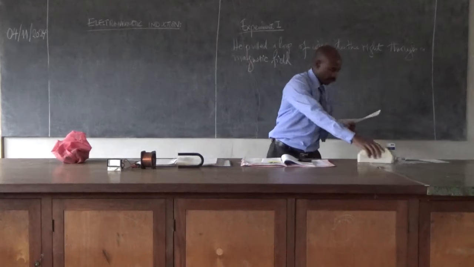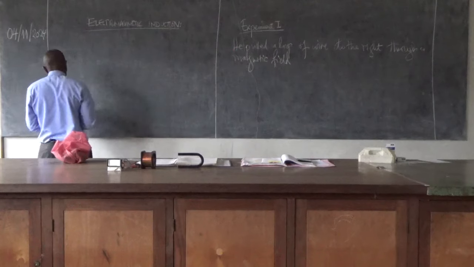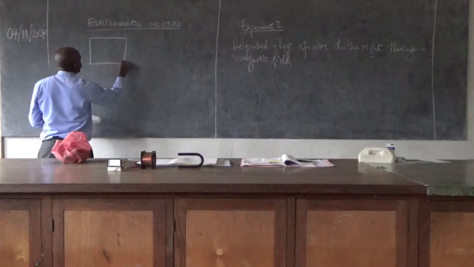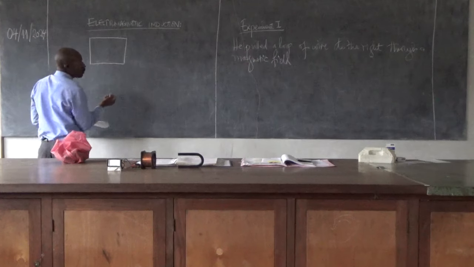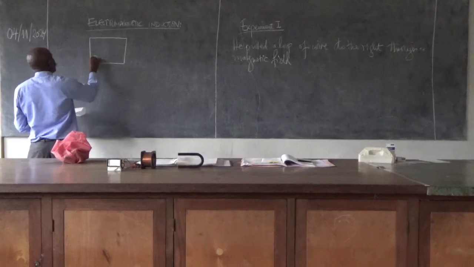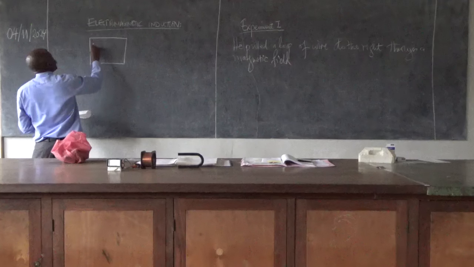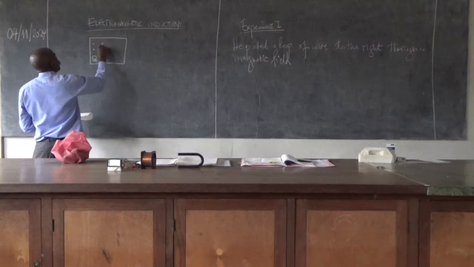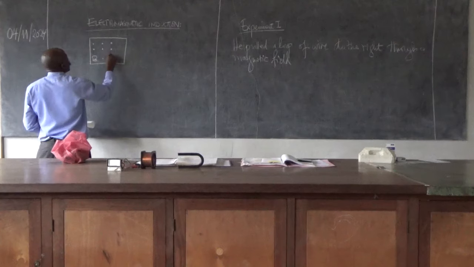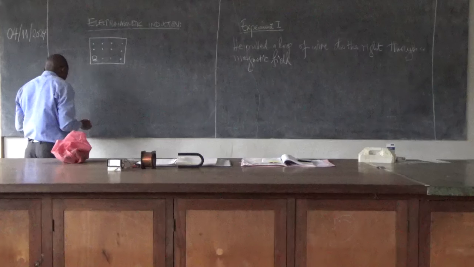So experiment 1, you have a field. You can use dots or crosses depending on how you feel about it. So I will use dots to represent the incoming field which is perpendicular to the board.